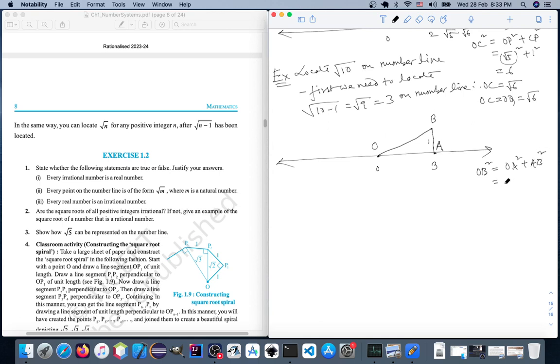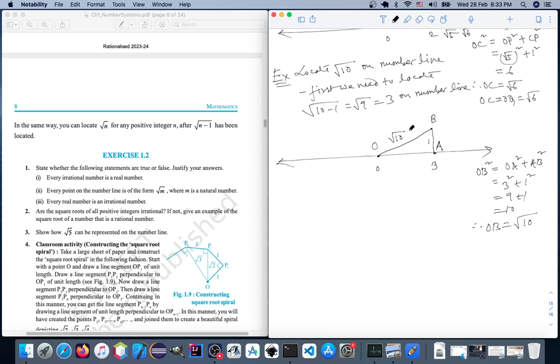This will be 3 square plus 1 square. This is 9 plus 1. This is 10. Therefore, OB will be root over 10.